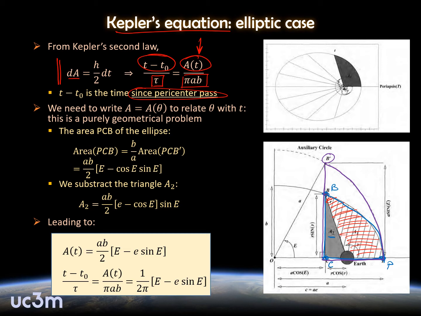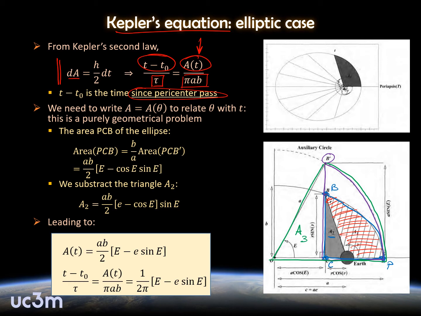Since this is part of the circle, it's easier if we compute the area of this circular sector, for which we have a very simple formula, and we subtract the area of this triangle over here. Let's call this A3, for example.